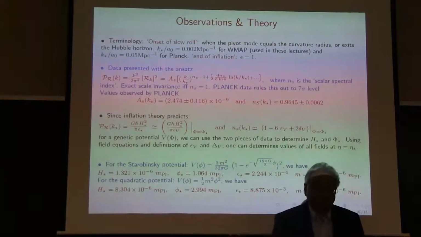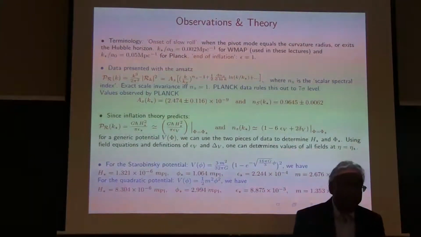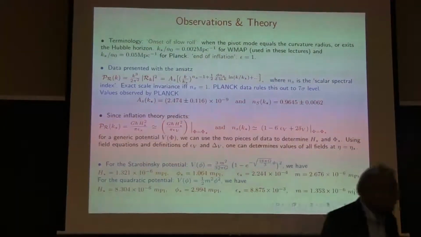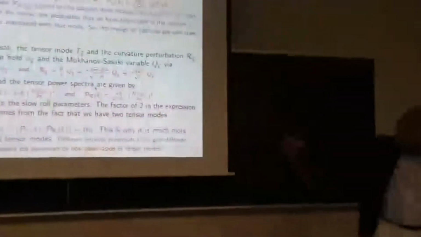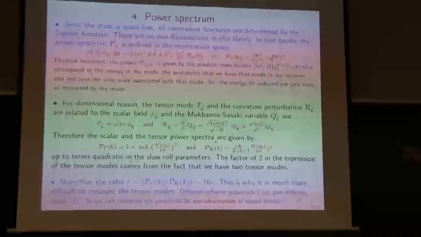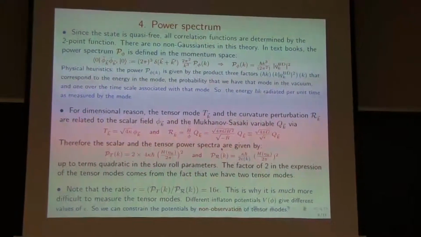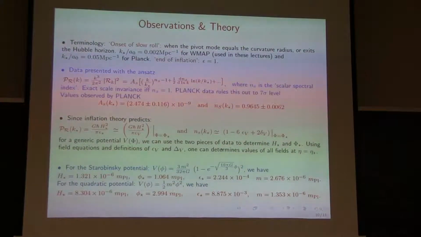So you choose your favorite potential, and once you have chosen it, you can just calculate the power spectrum, because we have the power spectrum up here, where we calculate the 2-point function for the modes. And then we want to compare it with the experiments.